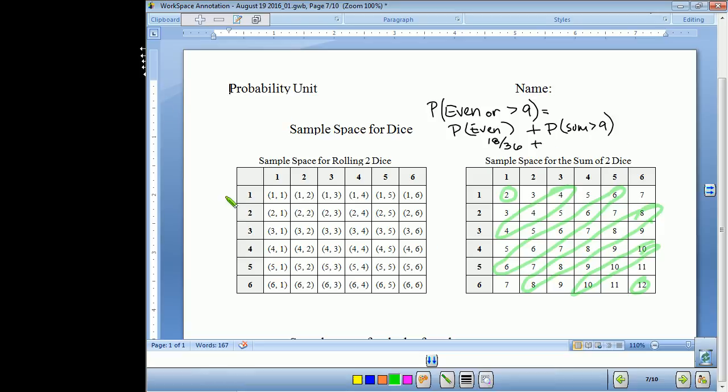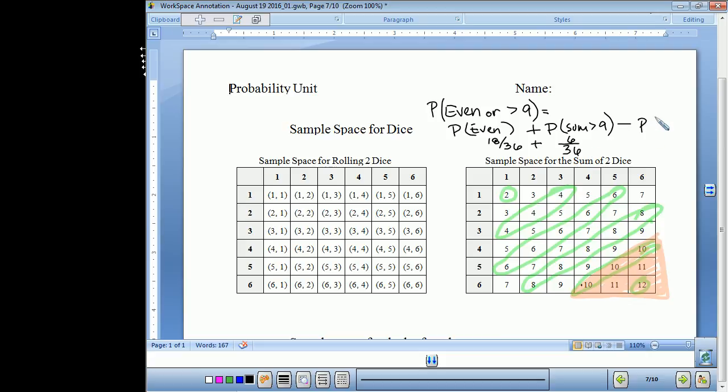All right, let's change colors. Let's go orange. Greater than 9 would be these, right? Because 10, 11, and 12 are greater than 9. How many are there? 1, 2, 3, 4, 5, 6. 6.